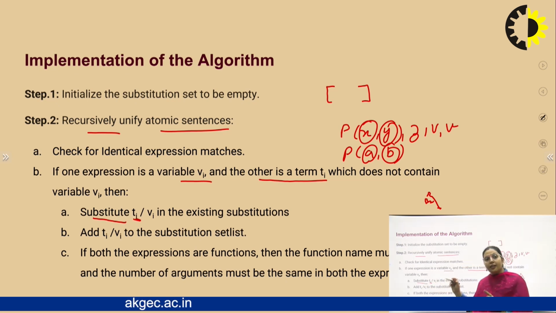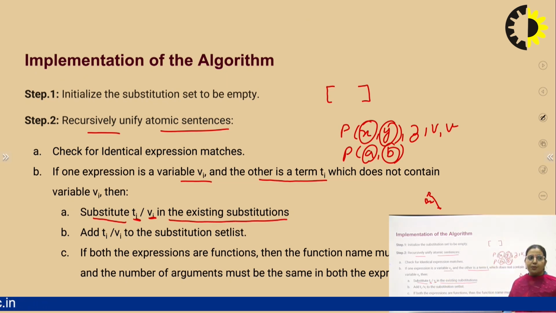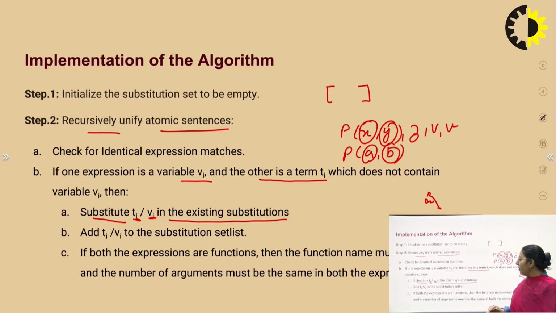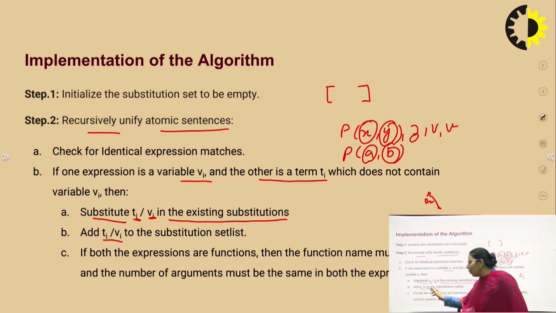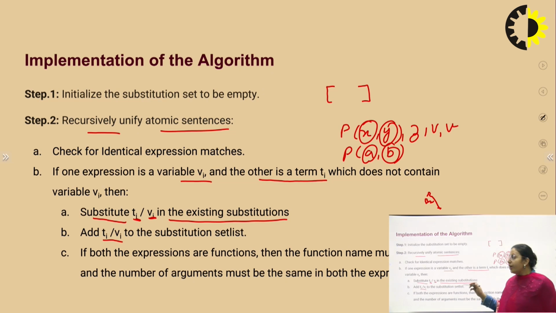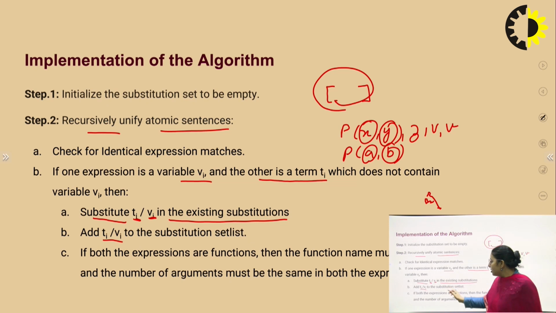Ti is the term present in that expression, and Vi is the variable that needs to be replaced with that term in the existing substitution. Then we add Ti slash Vi to this substitution that was empty earlier, so it will contain all the sets made during the unification process.